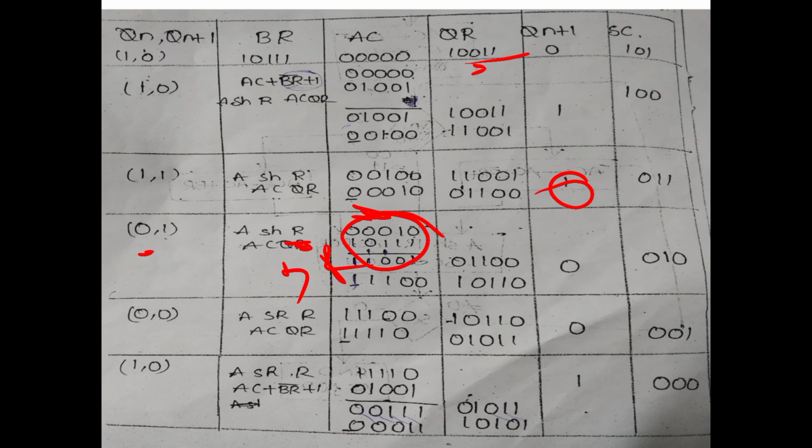01100. So after adding this, to perform the arithmetic shift right operation, one bit is shifted to the right side.